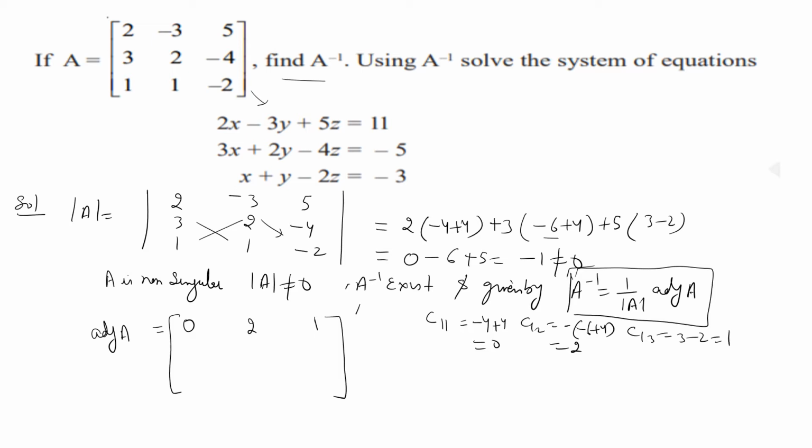So let us do quickly for C21, C22 and C23. Quickly, this sign will be negative, this will be negative, right? So let us start calculating, and it becomes your, for 3 it is 6 minus 5, that is 1, and it will be minus 1 here, right?